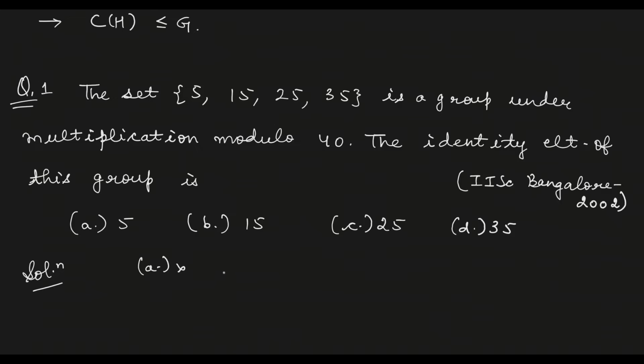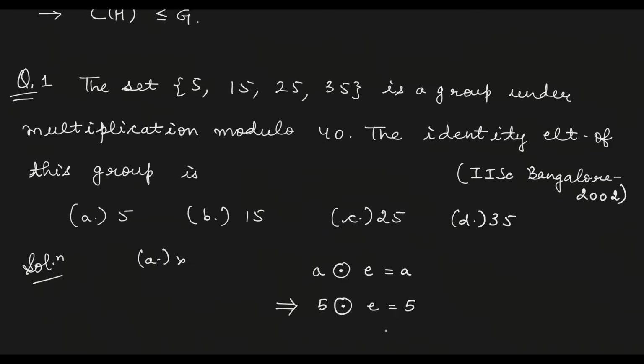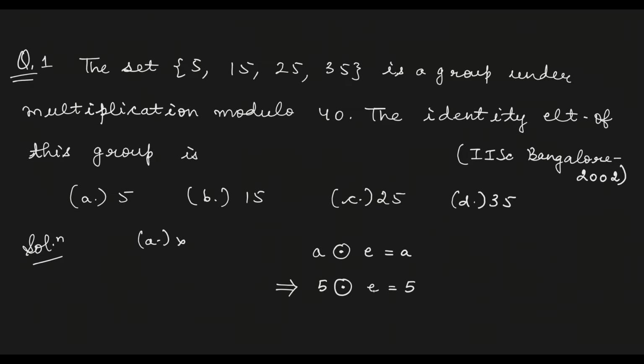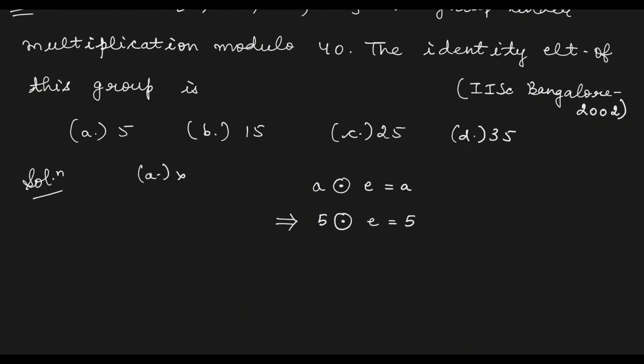In case of 25, 5 into 25 is 125, and modulo 40 the remainder is 5. So the answer is 25.